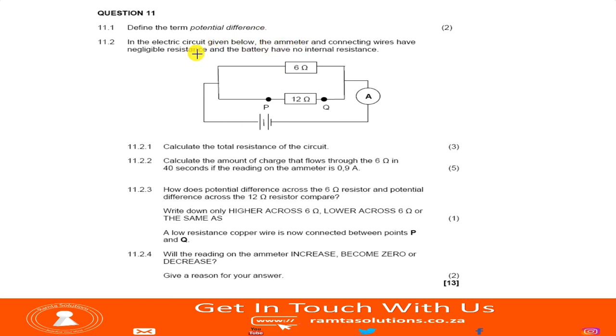This question says, define the term potential difference. What is it? Potential difference. Let me use red. We know that potential difference is basically work done in moving a unit charge between 2 points, or work done per unit charge, whichever you prefer, or even energy transferred per coulomb of charge.